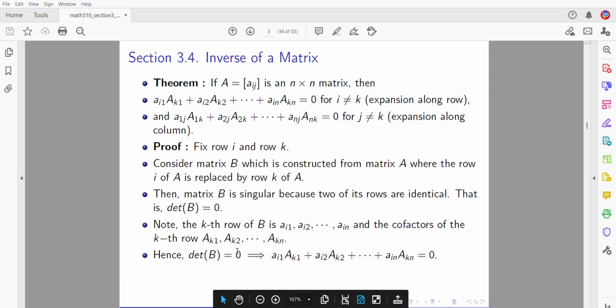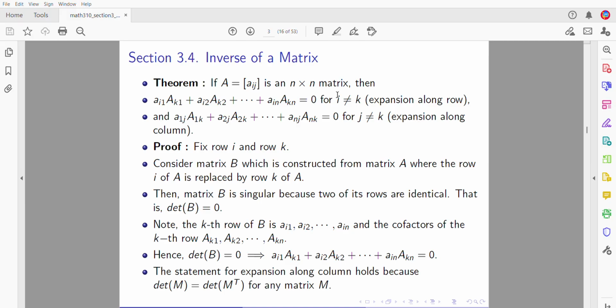That means I have this expression, which is exactly what we wanted. The statement for expansion along a column holds because the determinant of a matrix A is the same as the determinant of its transpose. So whatever you discuss for rows can be discussed for columns using this theory.